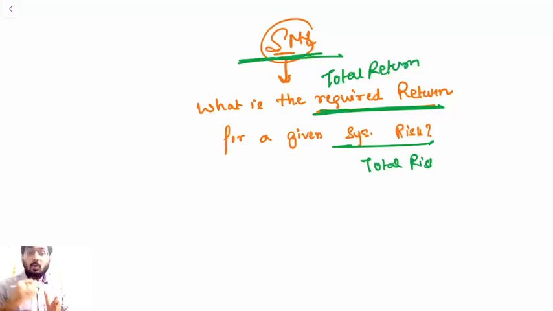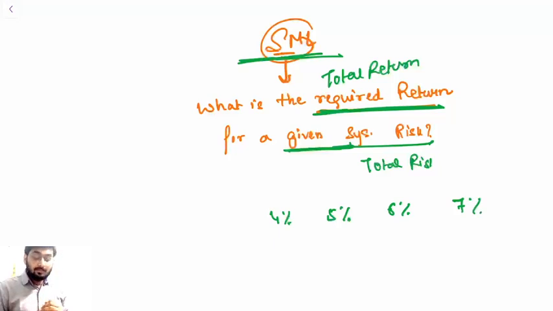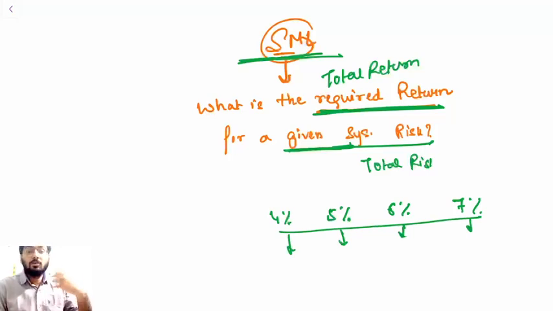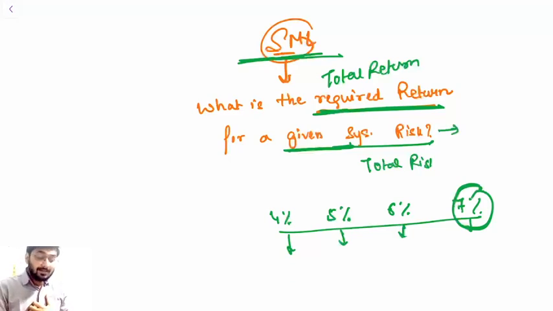What is the required return for a given systematic risk? Now, given systematic risk means, sir, 4%, 5%, 6%, 7%. Sir, in these situations, what will be my required return? How much return should I go for? How much return should I expect if suppose 7% is the systematic risk, and systematic risk is denoted by beta, that is your market risk.